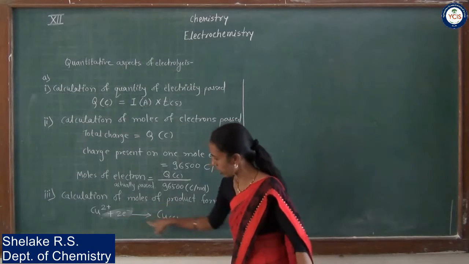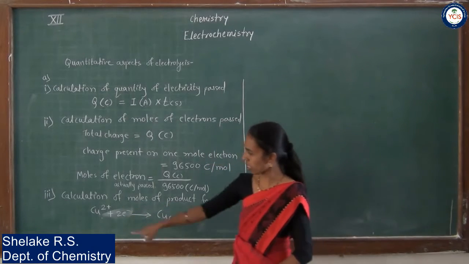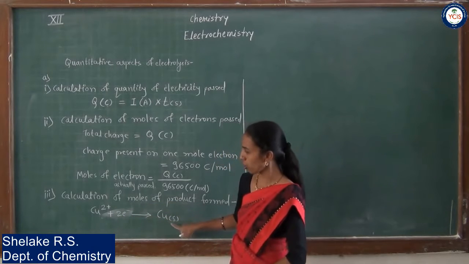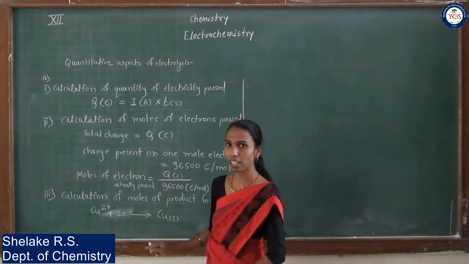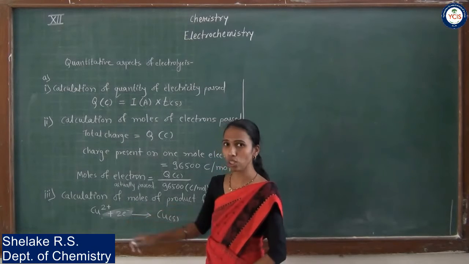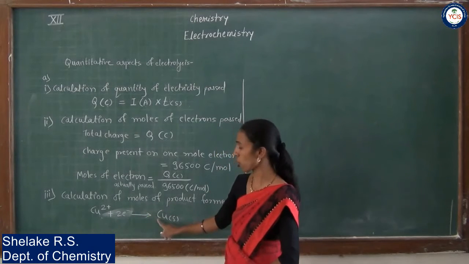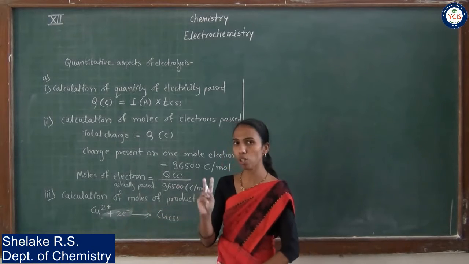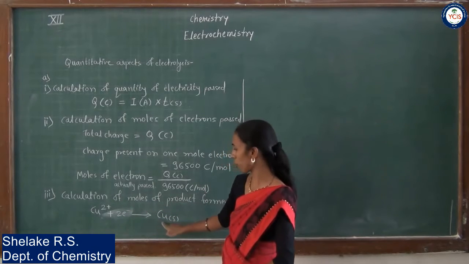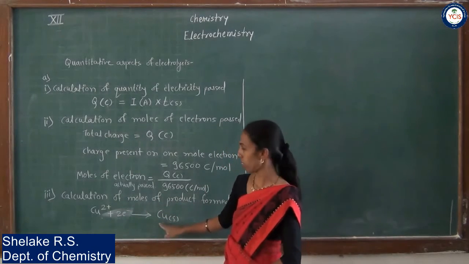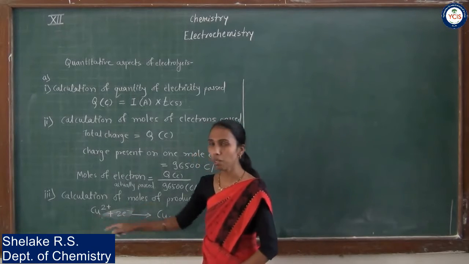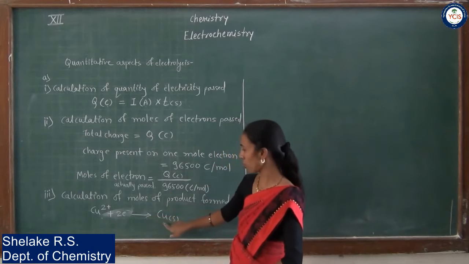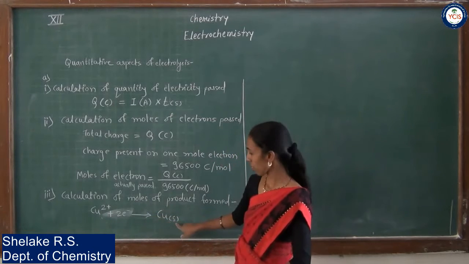From the stoichiometry of this reaction you can understand that 2 electrons are required for the formation of 1 mole of copper. Here 2 moles of electrons are required for the formation of 1 mole of copper, because copper is in a +2 oxidation state.